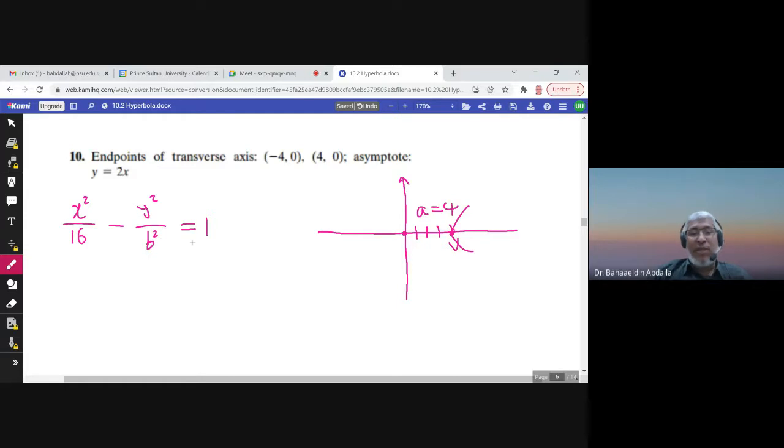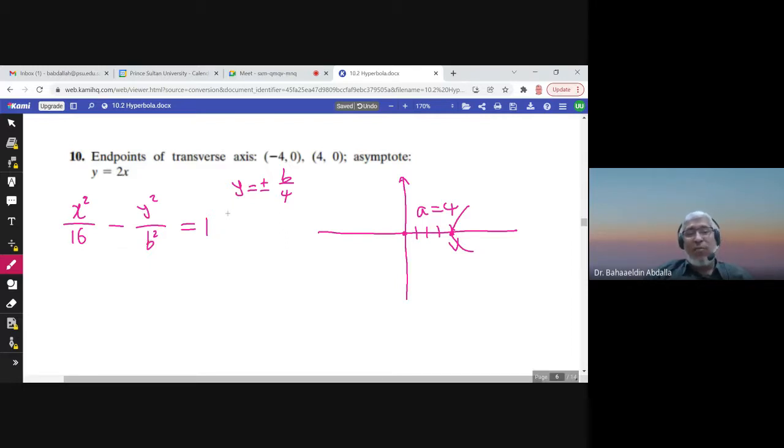What is the definition of the asymptotes in this case? The asymptotes have equations y equals plus or minus b over 4, the square root of what is beneath y over what is beneath x, times x.